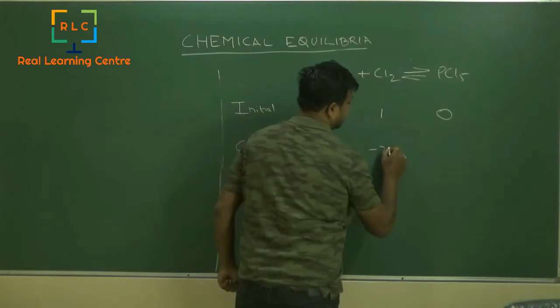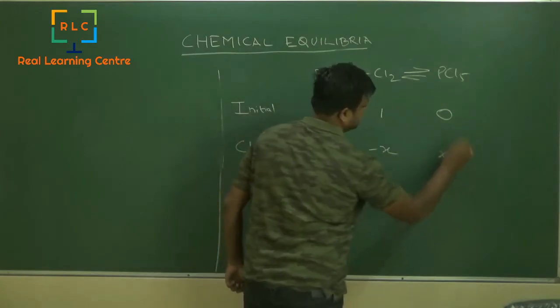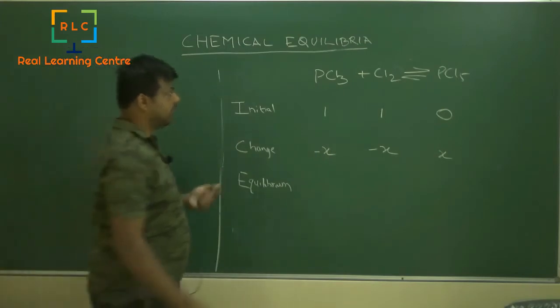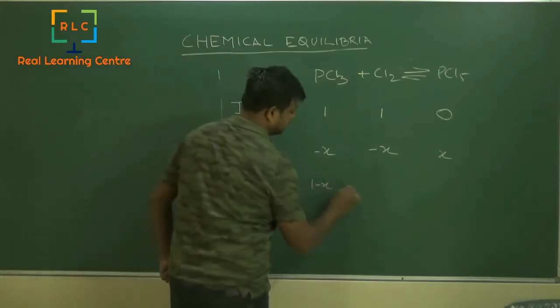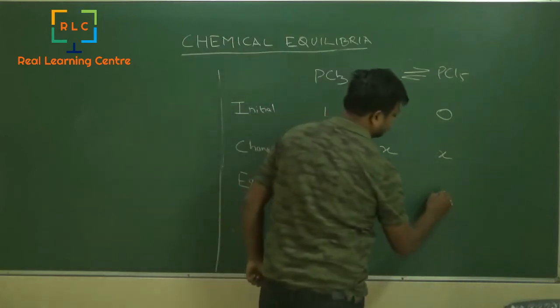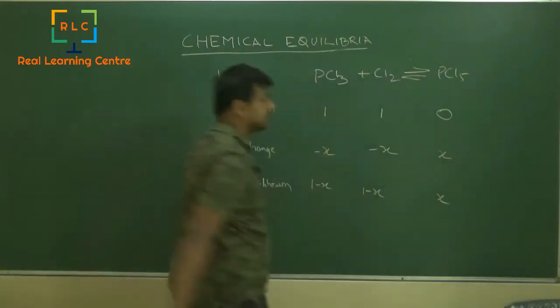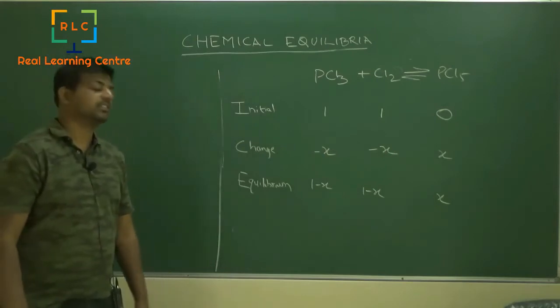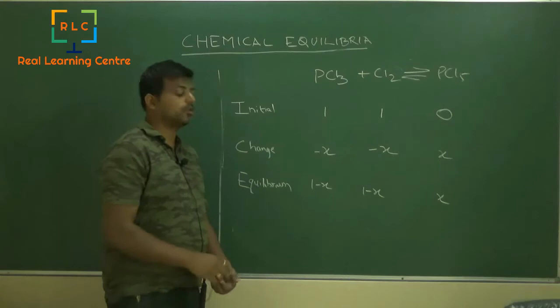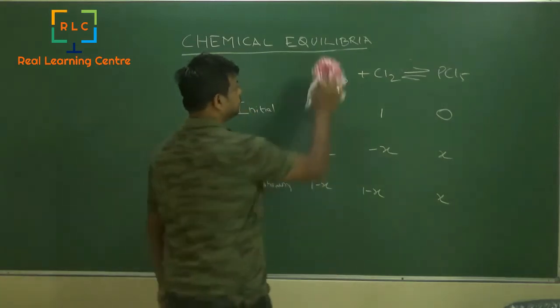For Cl2 also it will be minus X, and for PCl5 it will be X because X mole of PCl5 would be formed. So at equilibrium, the amount of PCl3 and Cl2 left would be 1 minus X, and the amount of PCl5 would be X.